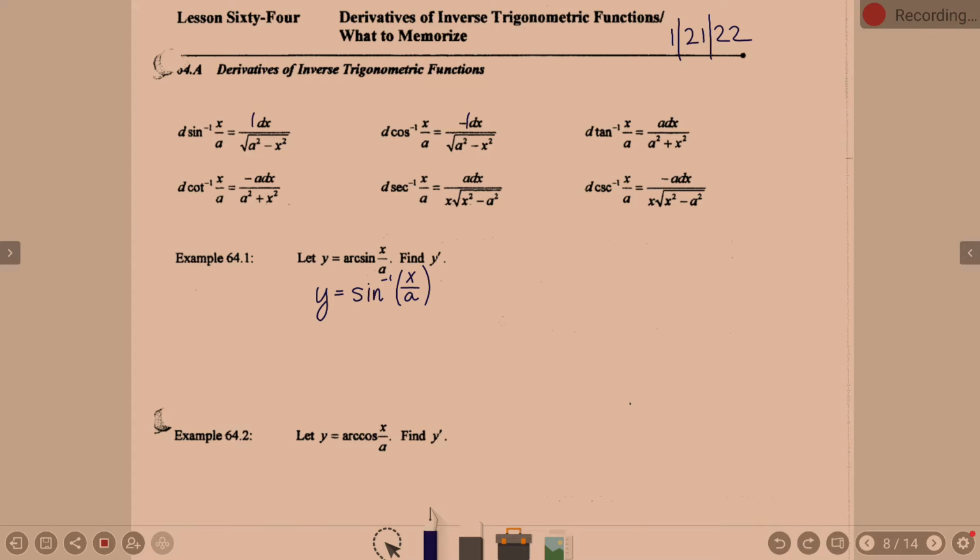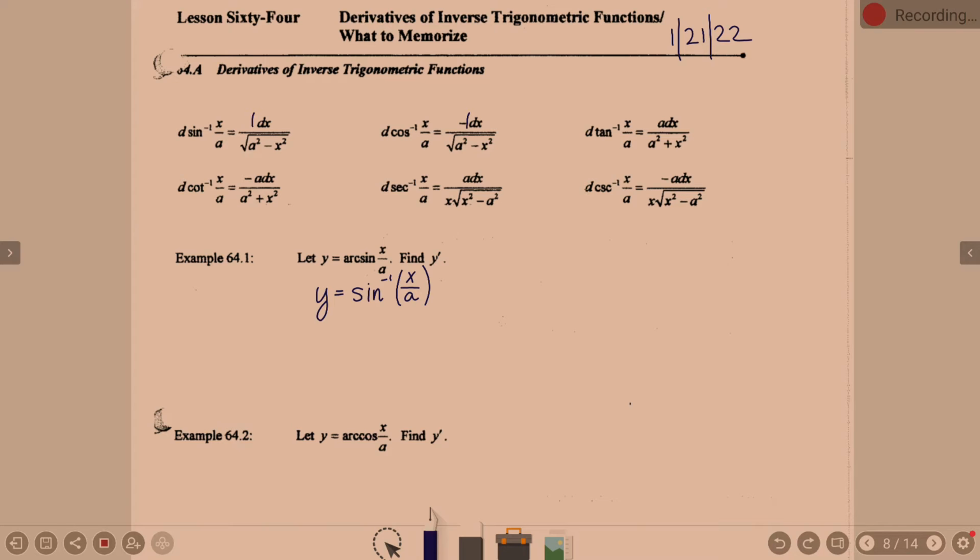If we're just trying to find this without using our definition, well, if I don't know the derivative of sine inverse, how do I get it out of this sine inverse form? Okay, so the idea of an inverse, you're switching x and y, generally speaking.